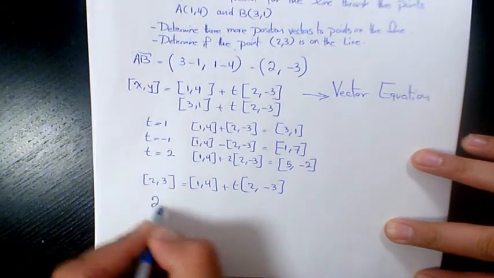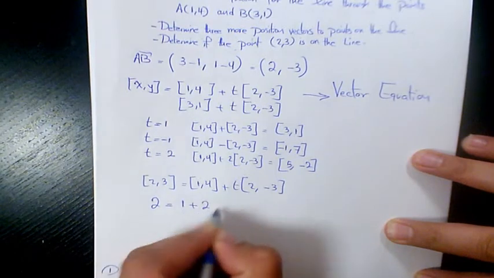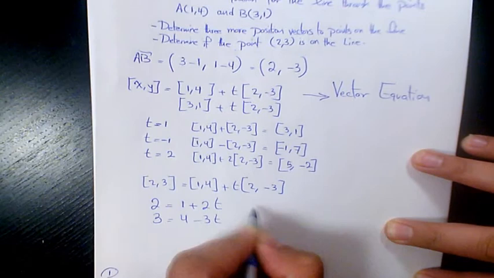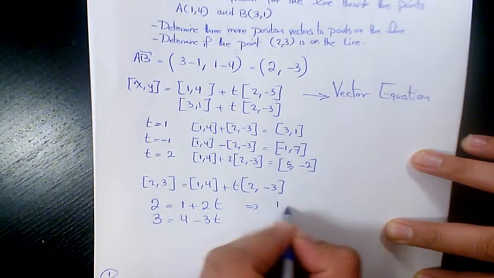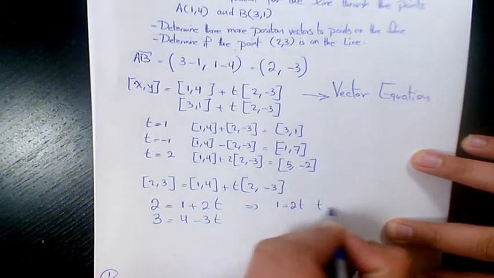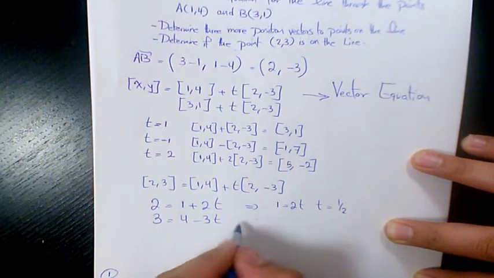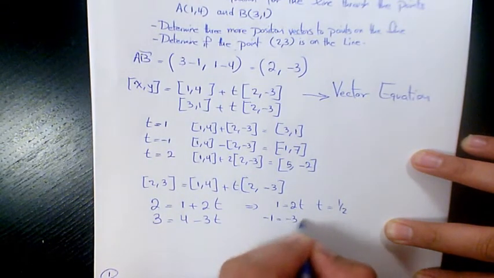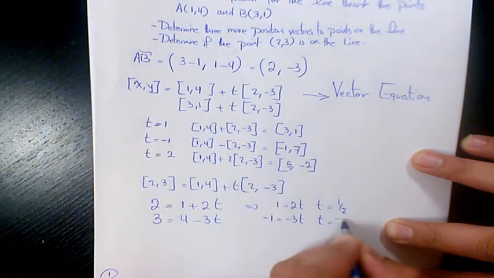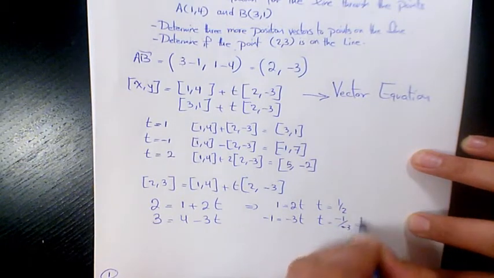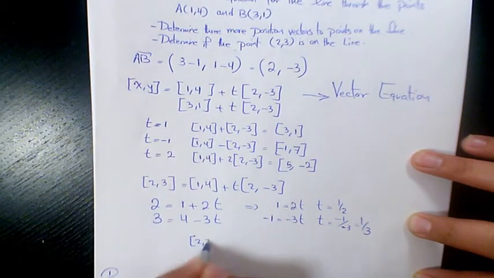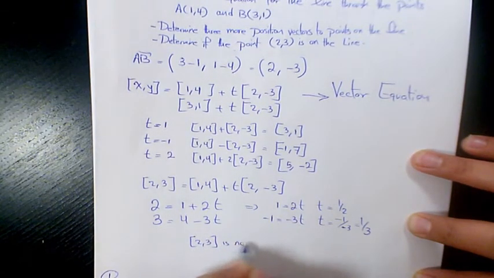So 2 equals 1 plus 2t and 3 equals 4 minus 3t. That gives 1 equals 2t, so t is 1 over 2. Here, 4 goes to the other side, negative 1 equals negative 3t, so t equals 1 over 3. Since they are not the same, (2, 3) is not on the line.